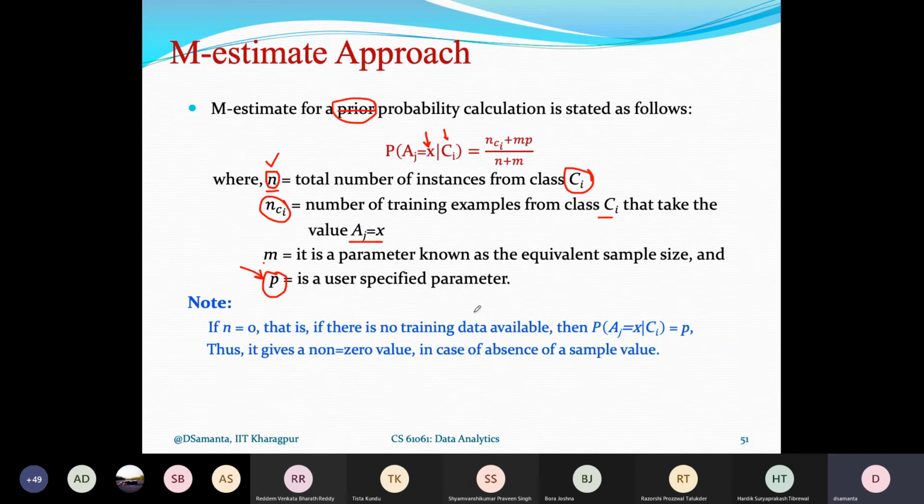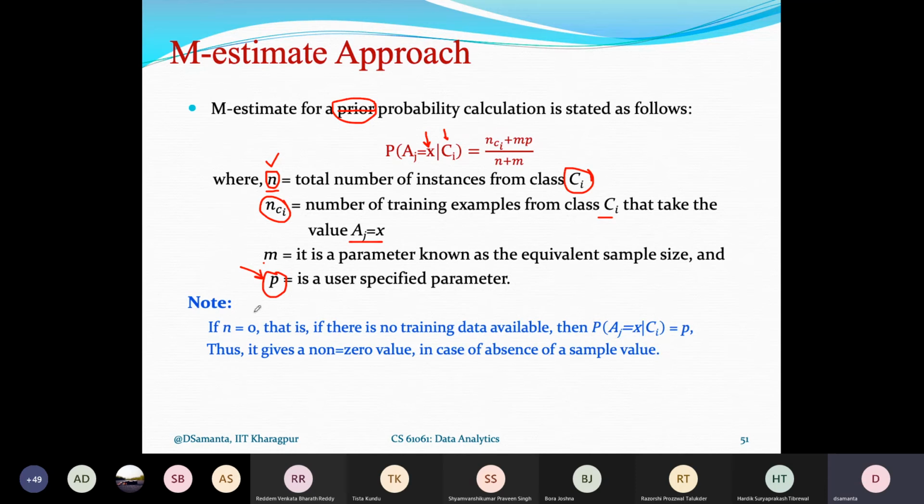So it is P. This P value can be decided by empirical experiment, that means trial and error method. And then finally, we can start with 0.5 and then reduce it on the lower side, as well as increase it on the higher side. But anyway, 0.5 is the standard practice people usually follow.